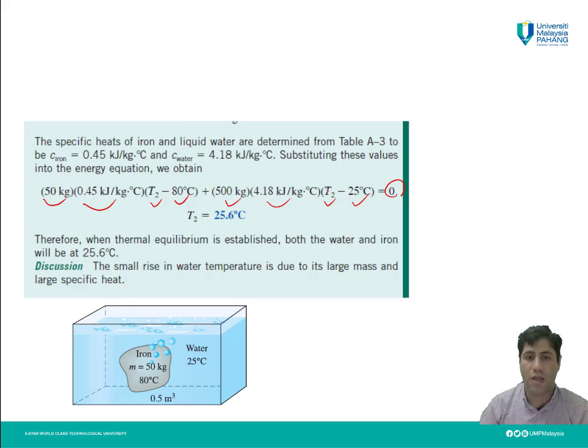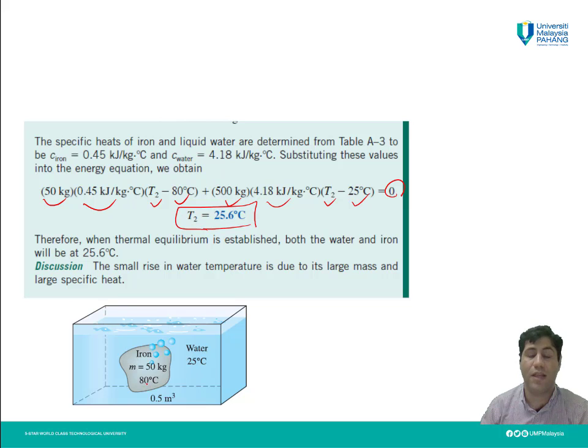In this equation, the only unknown is T2: one equation, one unknown. If we solve this equation, we find T2 equal to 25.6 degrees Celsius.